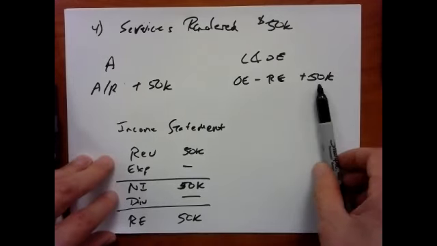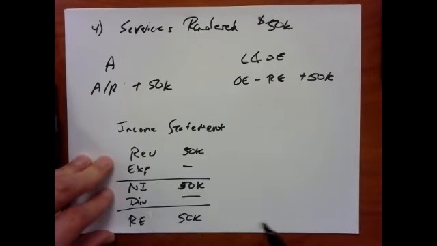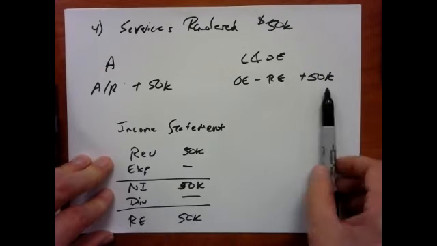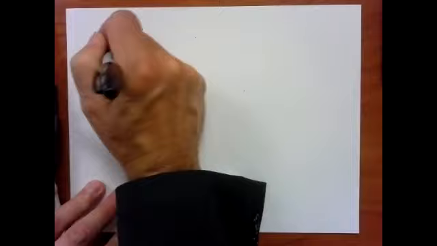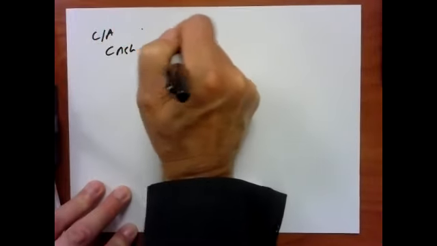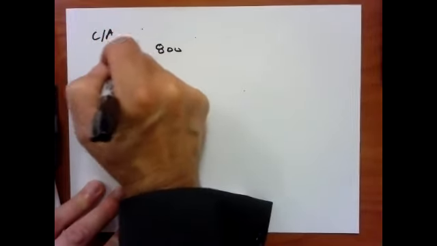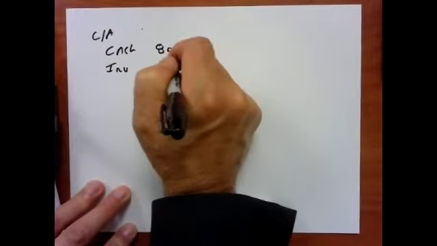So the retained earnings, and this is only part of the statement of changes in owner's equity, but it's the relevant part. So the retained earnings increases by 50,000. So summarizing this again, we have current assets, right? We have cash of 800, inventory of 20.